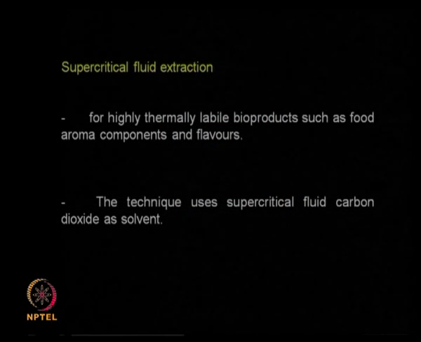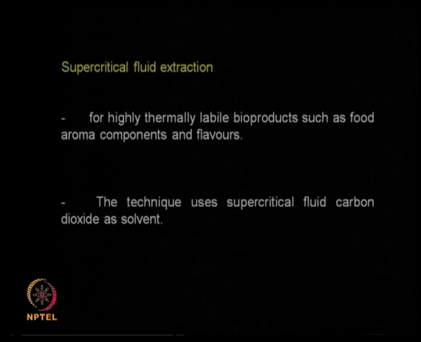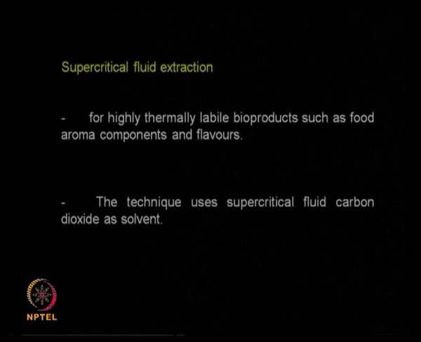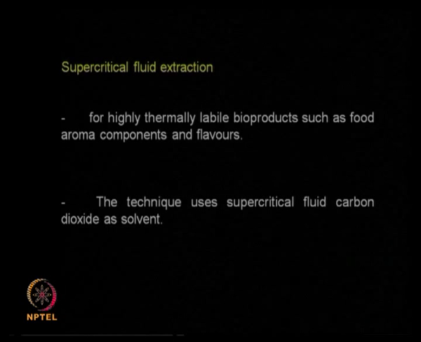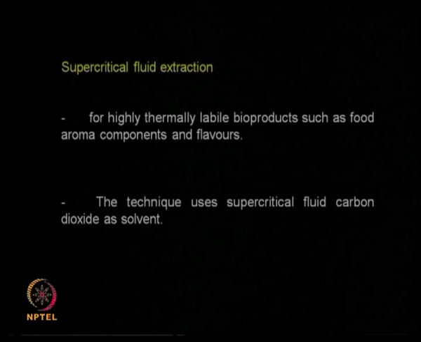So you can retain the aroma, it will not get affected because of changes in pH or changes in temperature, flavors will not get affected. So supercritical is becoming a very big area in the food and flavor industry. Generally carbon dioxide is used as the solvent because it is available in plenty, it has got a very good critical pressure and temperature.